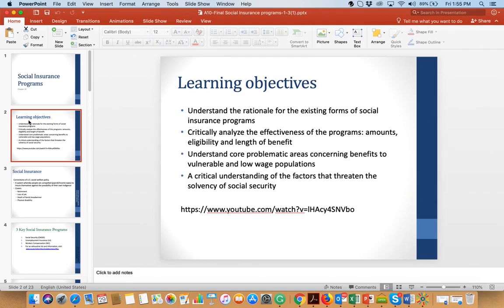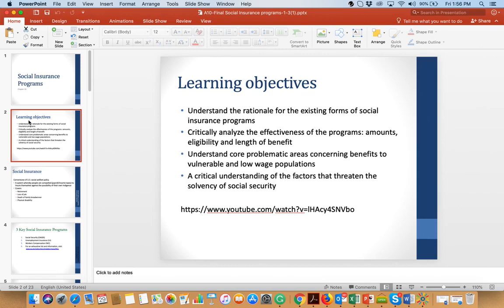Second, you need to critically analyze the effectiveness of the programs. In other words, just like your paper, analyze, critique, evaluate the effectiveness. What we are requiring you to do is, in terms of the amount that the recipients receive, is it enough? Eligibility, who is qualified to receive the benefits?